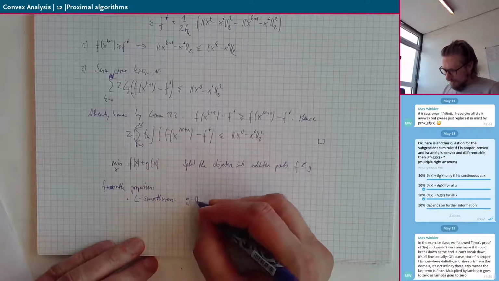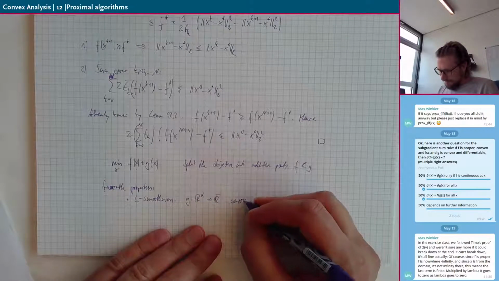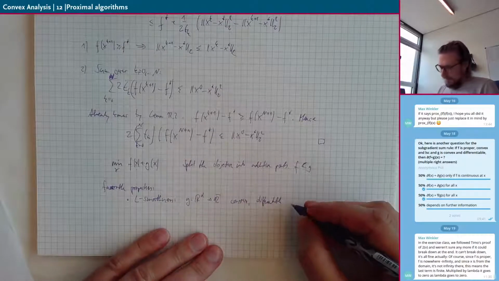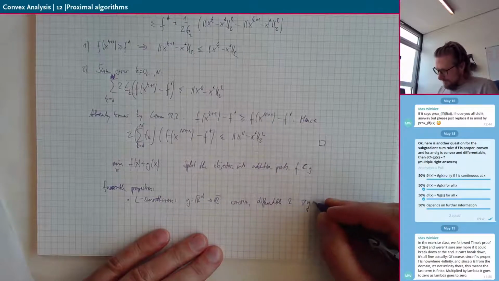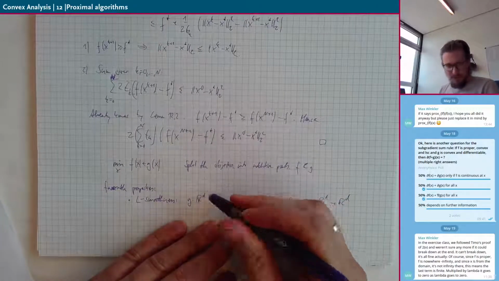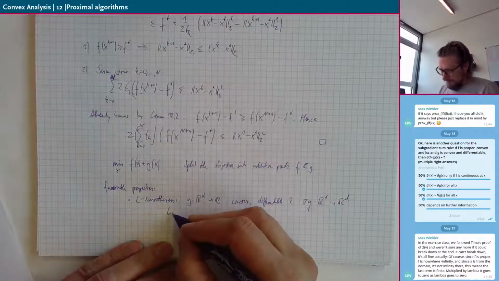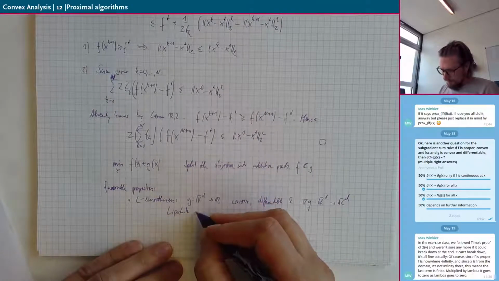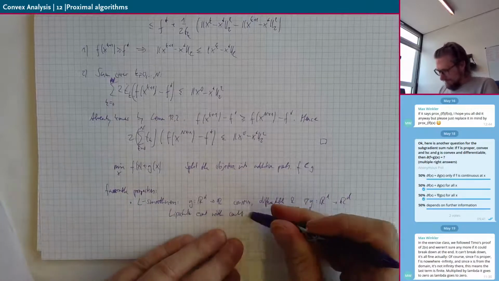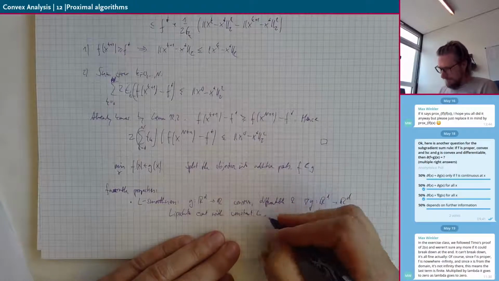So if g from R^d to R-bar is convex, differentiable, and the gradient of g, which is now a map from R^d to R^d, is Lipschitz continuous with constant L. Actually, I could omit the bar here because we want g differentiable everywhere. So what does it mean?